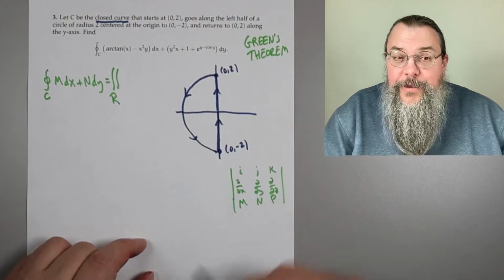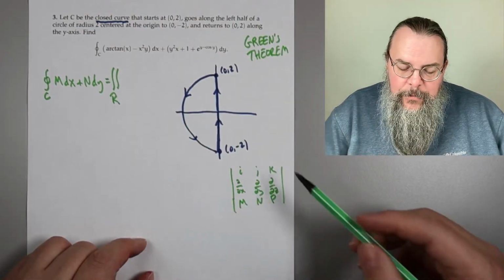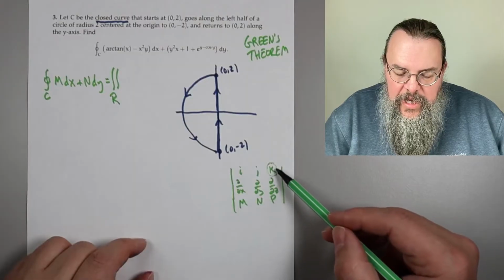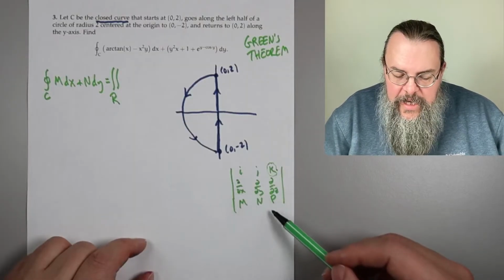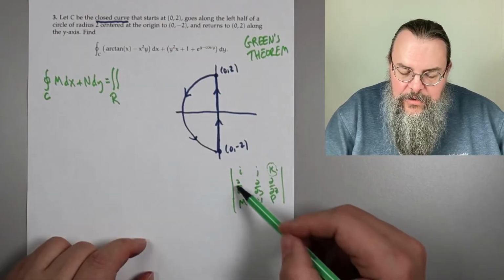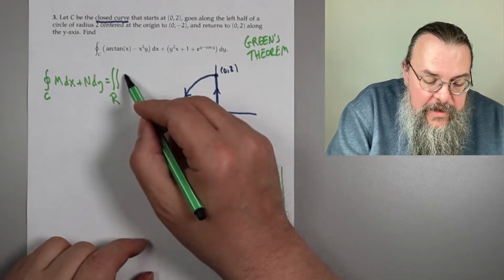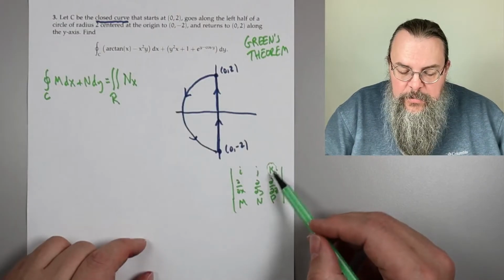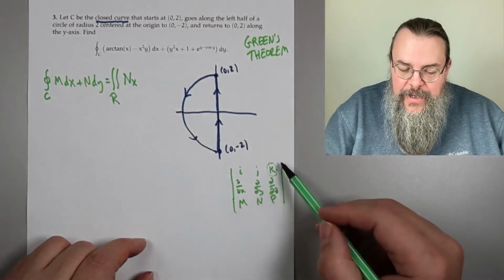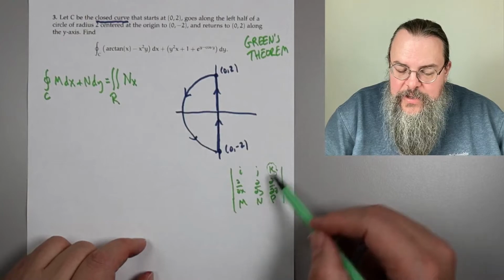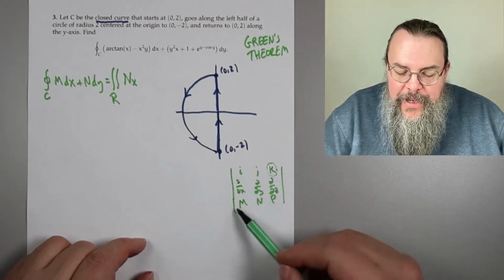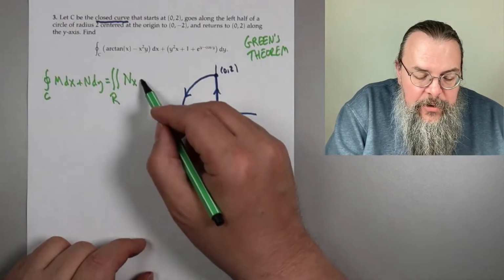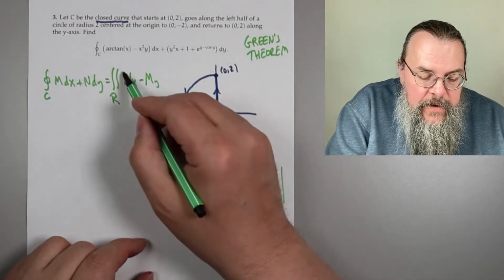You might remember this as curl. That might come up later. And what I try to do is say, okay, think about the k part. So it's k, partial x, n. Okay, so that says I need the derivative of n with respect to x. So that's n sub x. And then the other part will be this part going up. And that's because of the direction of the determinant part. That's going to be subtracted. Derivative with respect to y of m, minus m sub y.